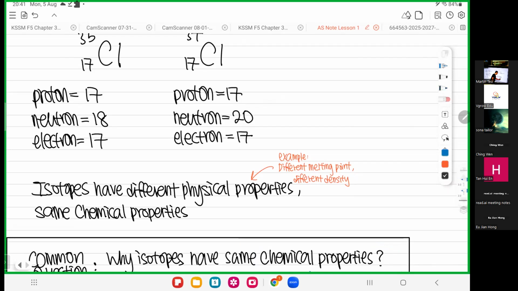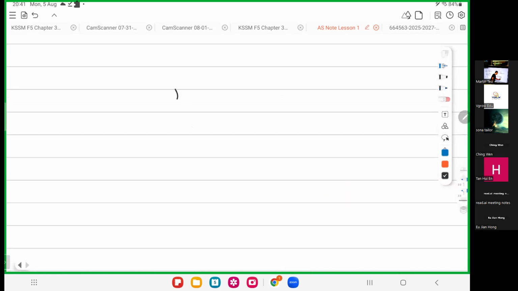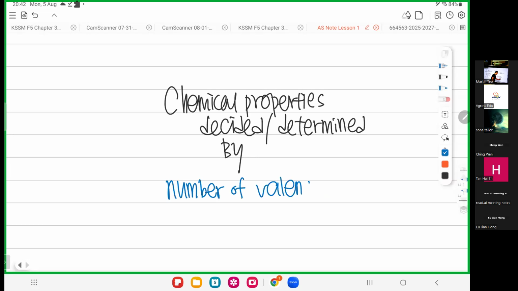Okay, so chemical properties are decided by the number of valence electrons. For your information, you learn this in high school. Chemical properties are determined by the number of valence electrons.